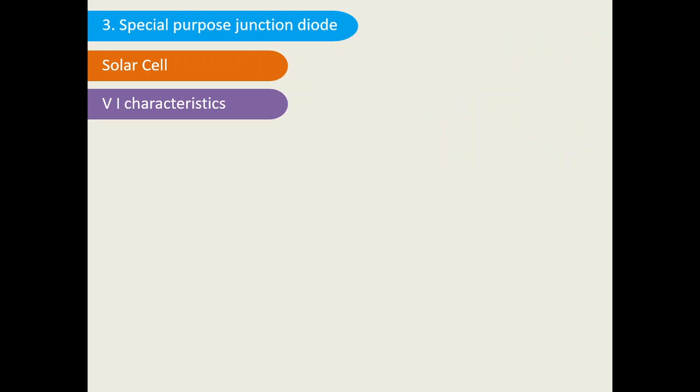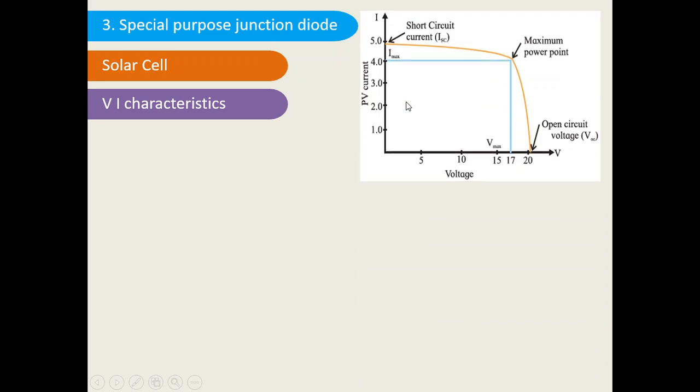Here in the textbook, it is drawn in the first quadrant, but it is written that it is in the fourth quadrant. See here, what is there in the diagram? There is a current on the y-axis and a voltage on the x-axis. This example is a particular solar cell, so not all solar cells will have the same specification.